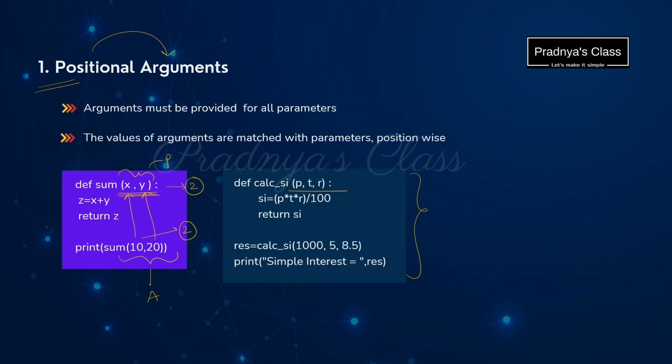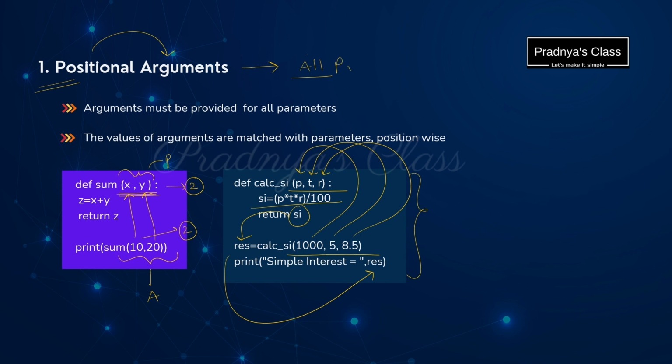There are three parameters, that's why there are three arguments too. 1000 will get initialized to P, 5 will get initialized to T, and 8.5 will get initialized to R. We are calculating the result and returning it, which we are accepting in one variable and printing. We can conclude from our discussion that in the case of positional arguments, we have to pass values for all the parameters. We cannot skip any one.